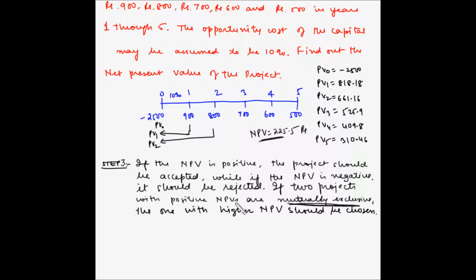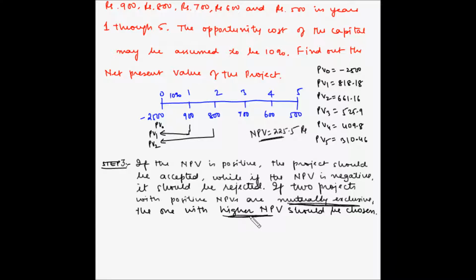Now, if two projects with positive NPVs are mutually exclusive, so if both the projects have a positive NPV and you can choose only one, then what will you do? You will choose the one with the higher NPV. Why will you choose the one with the higher NPV?